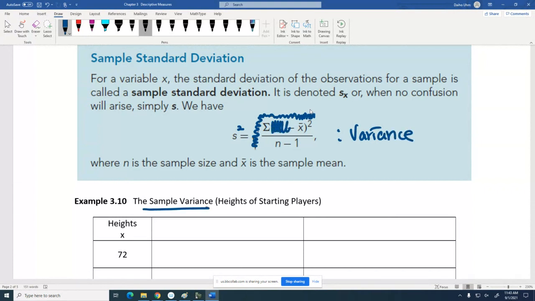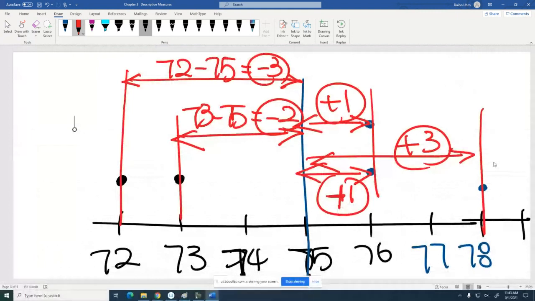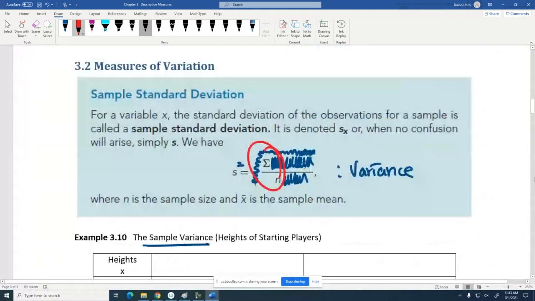Let me erase more. Then now, simply, the variance is the sum over n. What was the sum over n? Take the sum divided by n.